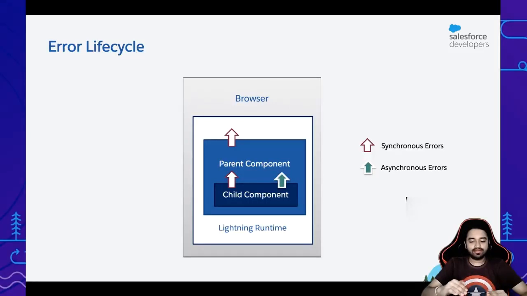So very similarly, from your child component, it gets thrown to the parent component. And if the parent component is not able to handle it, it actually gets directly thrown to the browser. And in some scenarios, the Lightning runtime is going to show those errors as well, but in very rare scenarios. And let's actually take a look at a demo to see how that works.